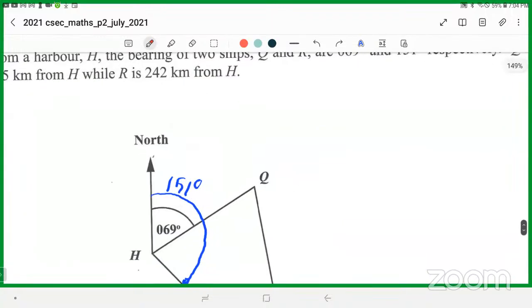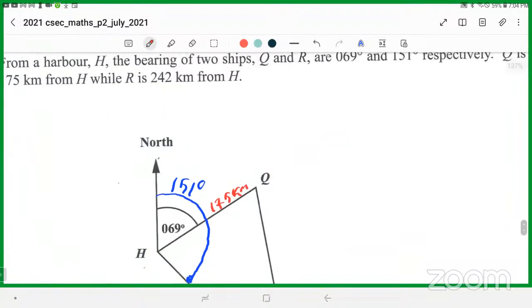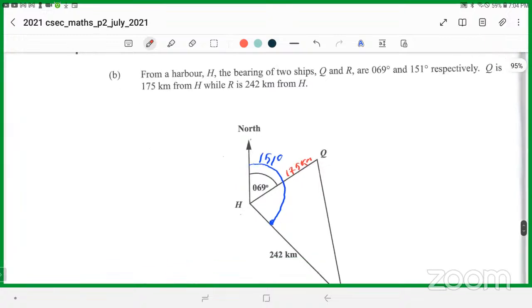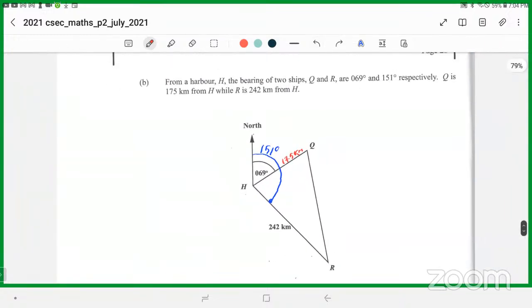So this distance is 175 kilometers, and down here, this one is 242.